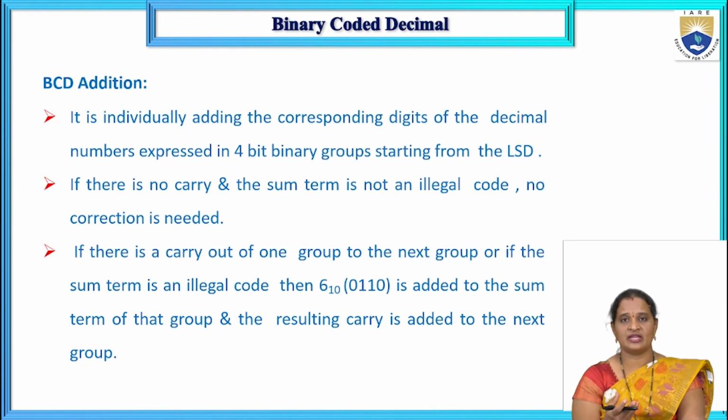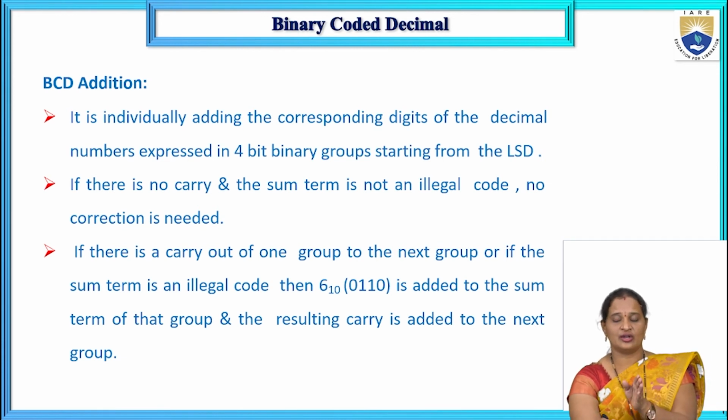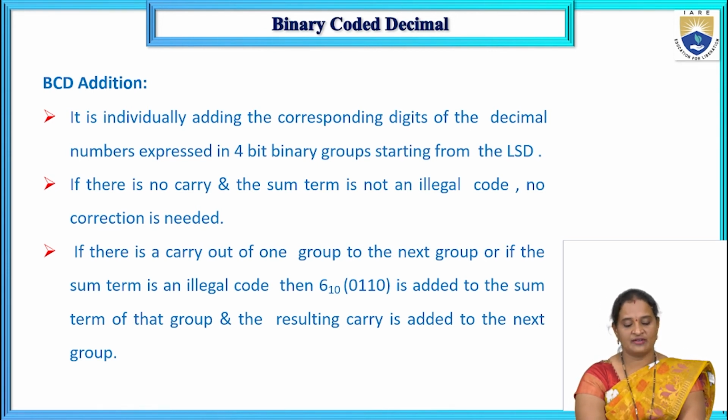So how can we perform the decimal addition? First we need to represent the decimal number in BCD code, and we start from the least significant digit. Each 4-bit group is added, and if a carry is generated, that carry is forwarded to the next group. Like that, the addition is done group by group, from the least significant digit to the most significant digit.